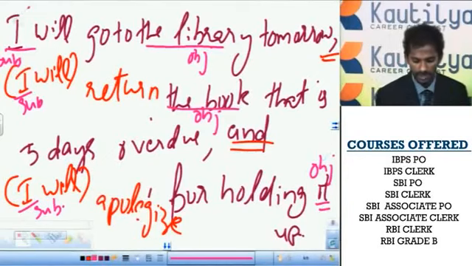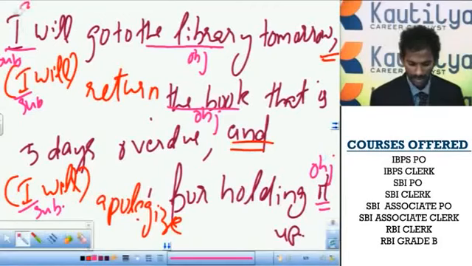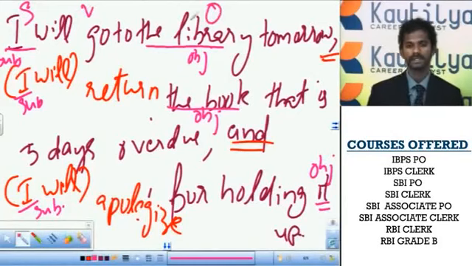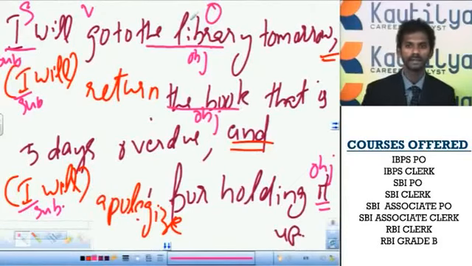I is the subject, comes first. Will go is the verb, comes second. Library is the object, comes third. So this sentence is in the order subject, verb, object. So I can say this idea is in the active voice. So here the first idea is in the active voice. So all the other ideas must also be in the active voice.